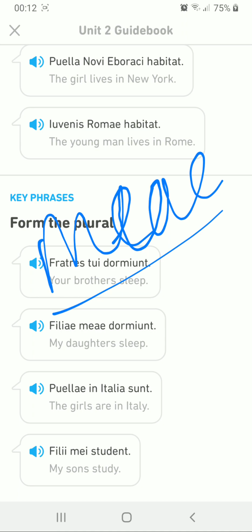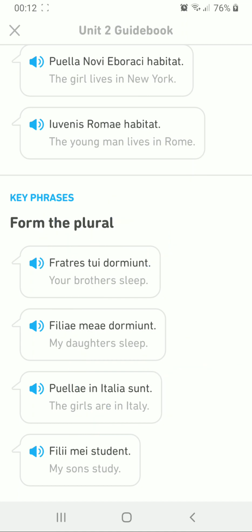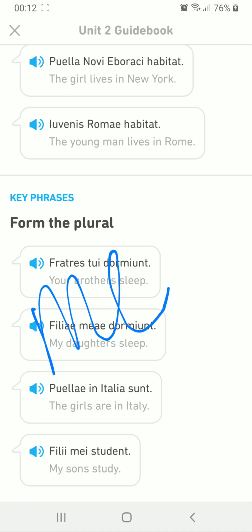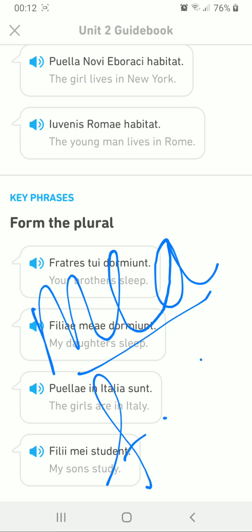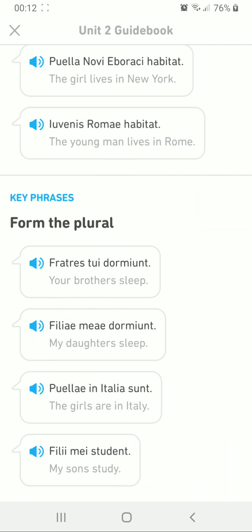Notice that it's feminine plural. And probably, because I don't know, I'm also learning, mea is just my, feminine singular. We will see later if this is right or not.